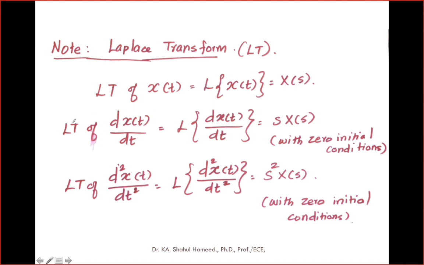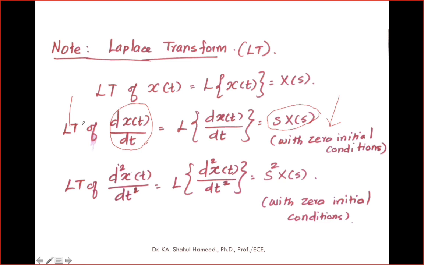At the same time, the Laplace transform of dx of t by dt is equal to s into X of s. The important thing related to this particular Laplace transform is that here we have to assume the initial conditions are equal to 0. That is very, very important, which is related to differentiation and Laplace transform.